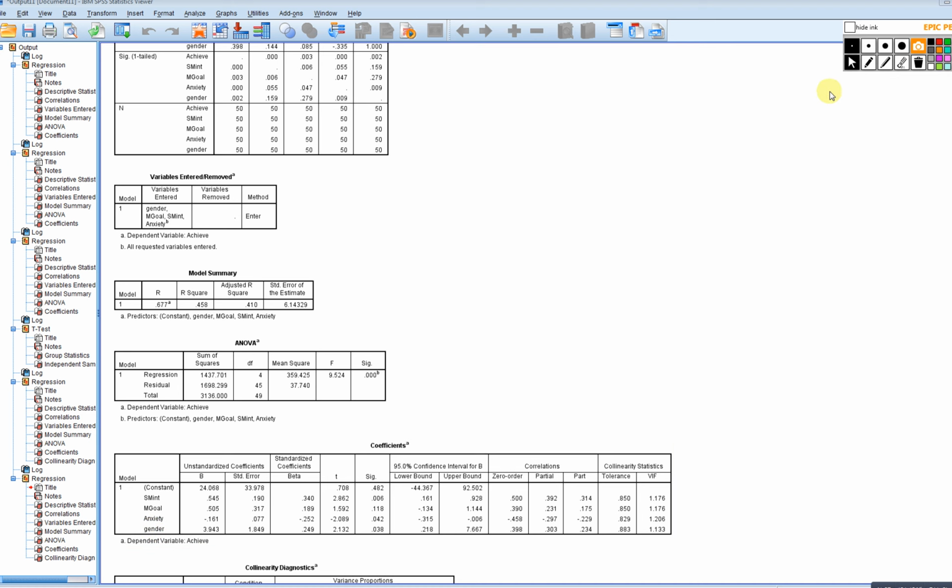Let's just briefly say, if I happen to have a situation where I had a categorical variable that I wanted to include as a predictor, and that categorical variable had more than two groups, then I would have to essentially dummy code that categorical variable into a set of dummy variables and include those dummy variables as predictors.